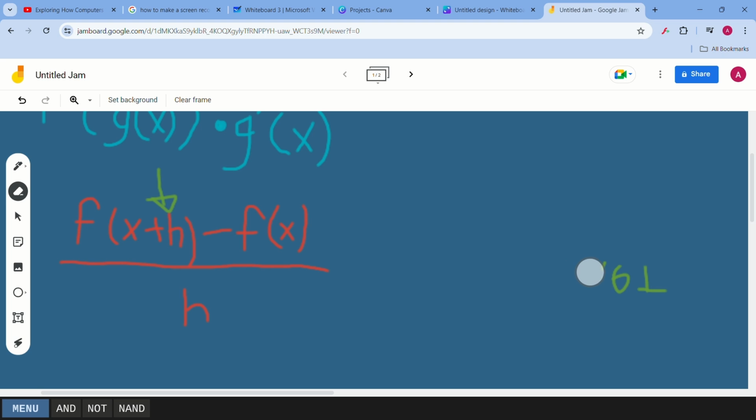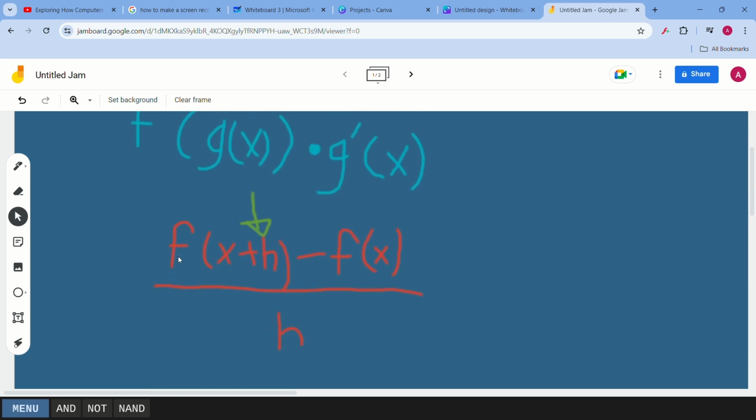Okay. We can just replace this x with g of x, but then we'd have to modify the denominator, because the denominator is supposed to be x plus h minus x, which would lead to h, but here we now have g of x plus h minus g of x, which would still be h technically.